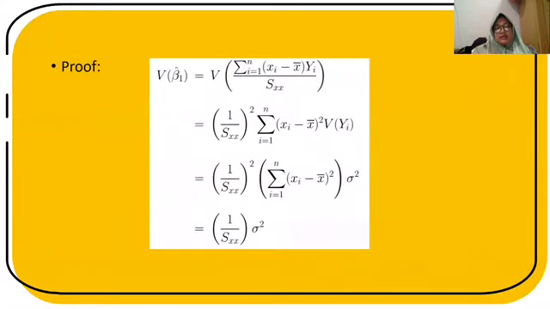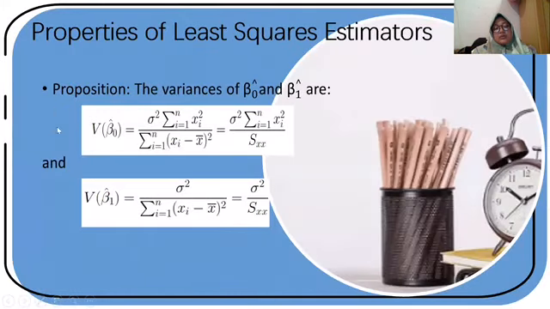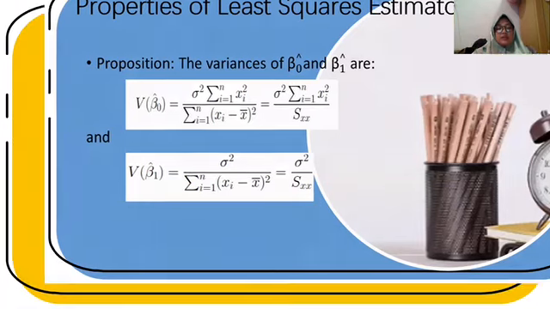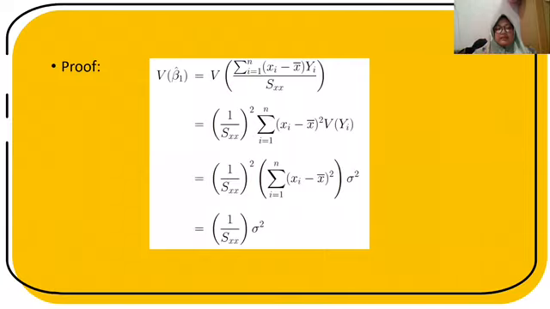By calculating, from the variance of beta hat 1 we can get that the variance of beta hat 1 is this.